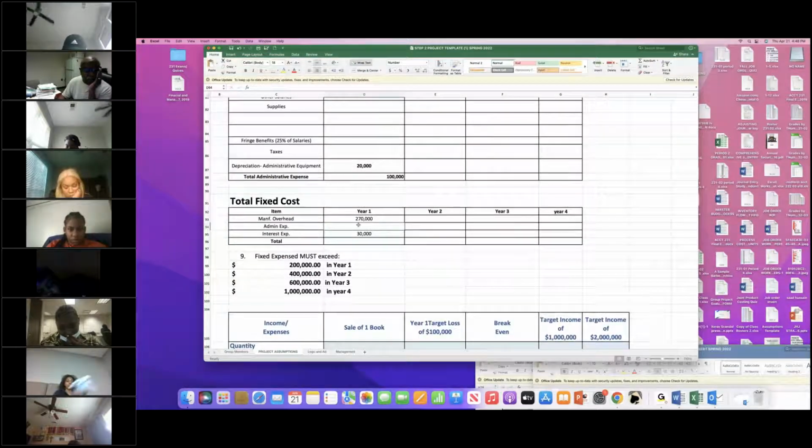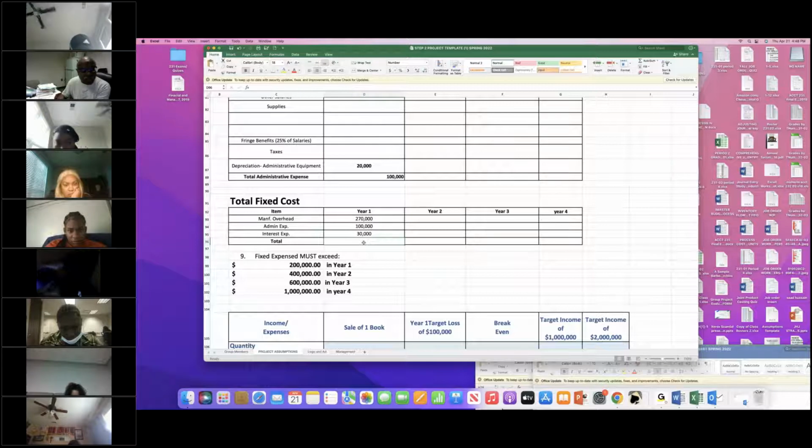So what is our total? What is our total overhead, fixed cost, excuse me? Our total fixed cost. Is it 400,000? Yep, that looks like 400,000.